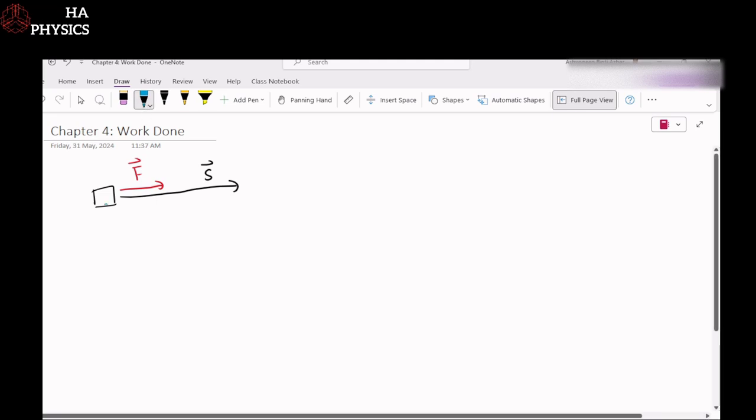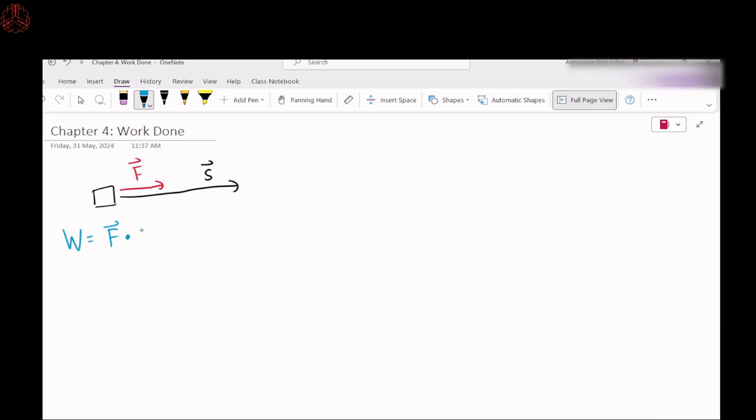Work done is simply the scalar product, the dot product, between the force applied to that object and the displacement of the object. Because it is a dot product of two vectors, the work done is a scalar.